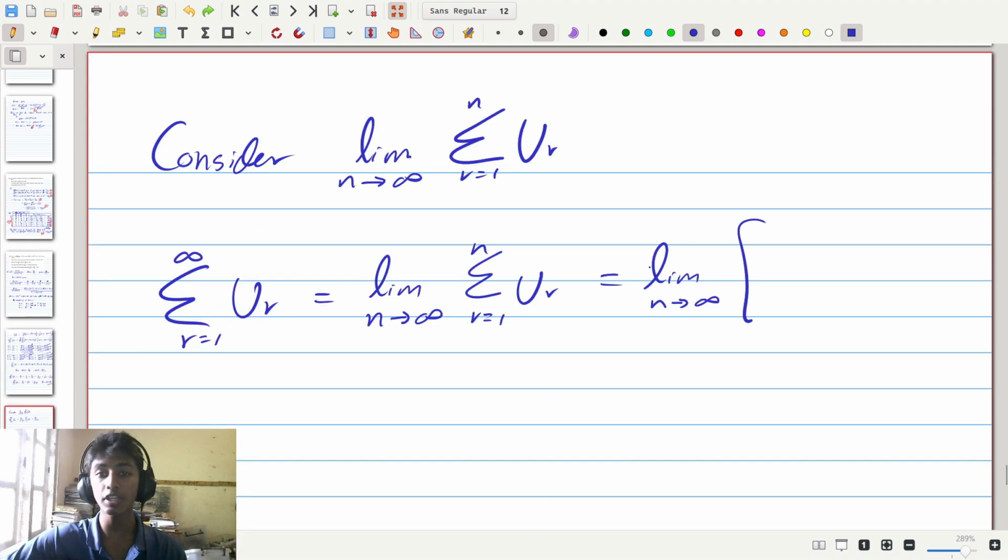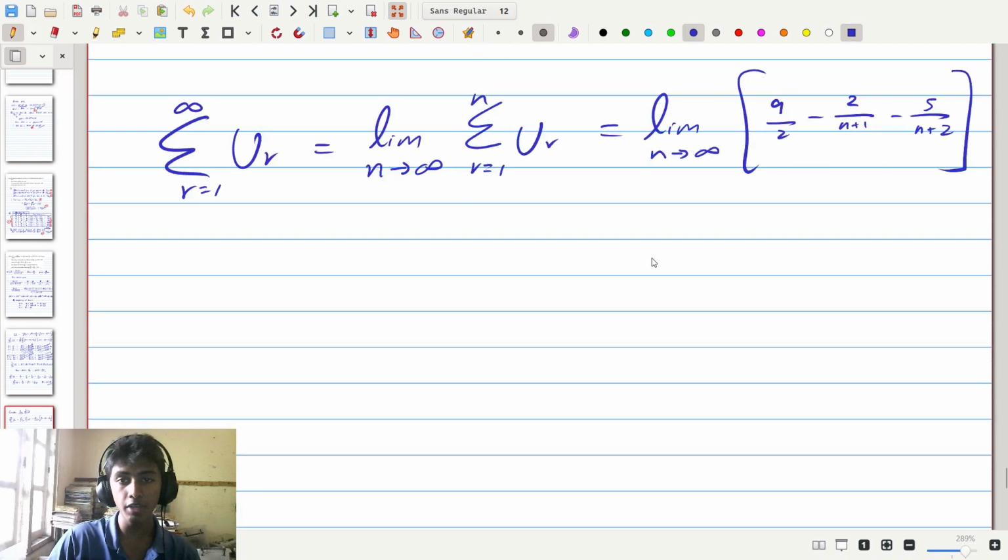So it's the limit as n approaches infinity of 9 over 2 minus 2 over n plus 1 minus 5 over n plus 2. Now if we evaluate this limit, the first part, 9 over 2, is a constant, so it remains as it is. As for the next bit, minus 2 over n plus 1 is going to become minus 2 divided by a value that is infinity, since as n approaches infinity, n plus 1 is also going to approach infinity.